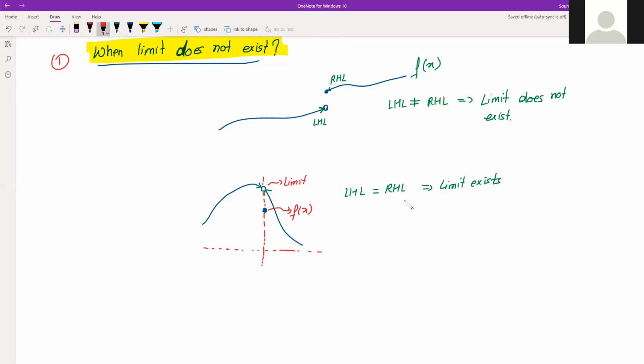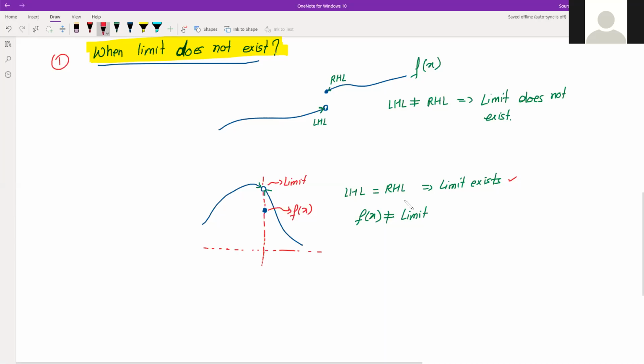Even in this case, the graph, the blue curve, in order to draw it, I had to lift my pen up. So what was the case? The limit existed, but the value of the function, that is f of x, was not equal to the limit.